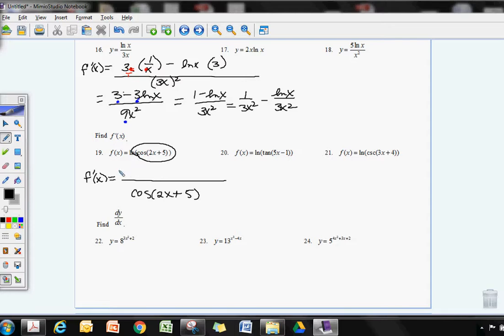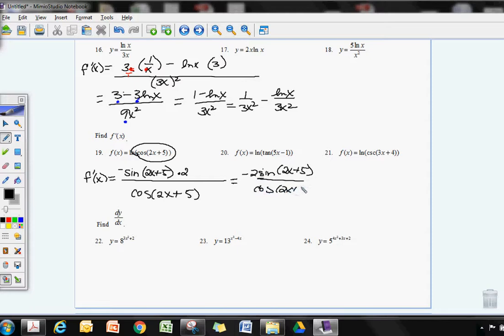Derivative of cosine is negative sine, and the argument stays the same, so the 2x plus 5 stays with it, and then that's times the derivative of the argument, which is 2. Cleaning it up, negative 2 sine of my 2x plus 5 is going to be divided by the cosine of 2x plus 5.